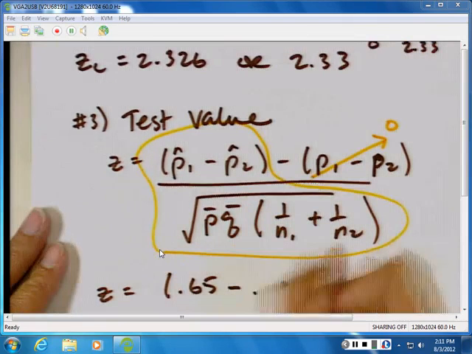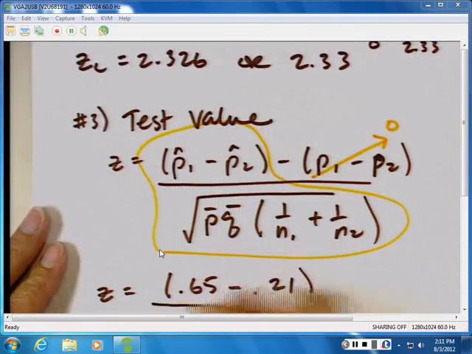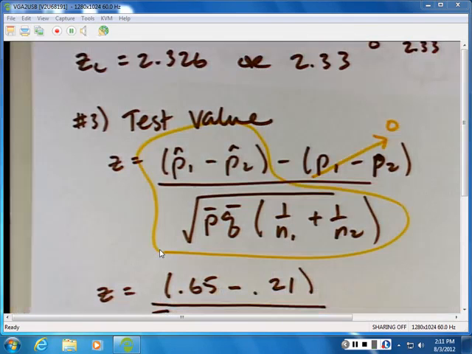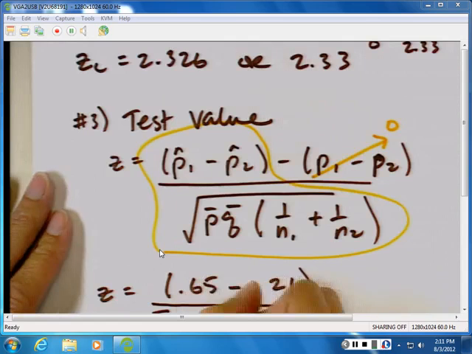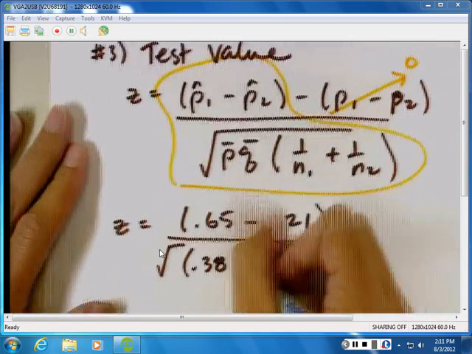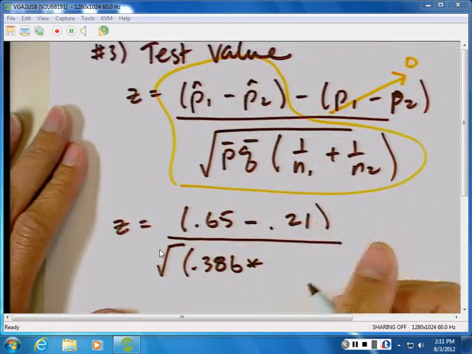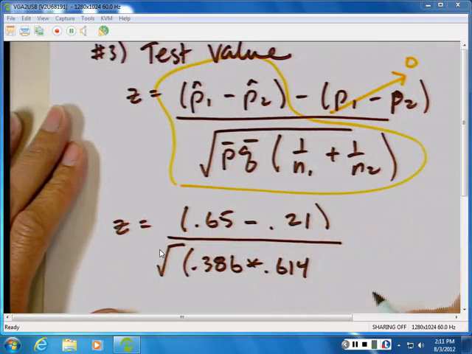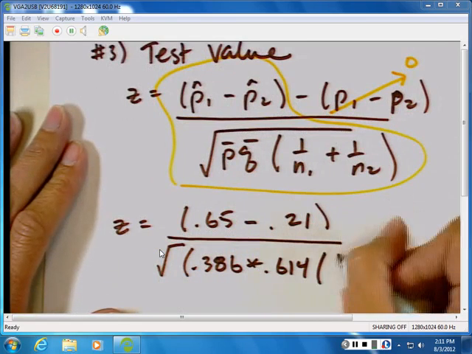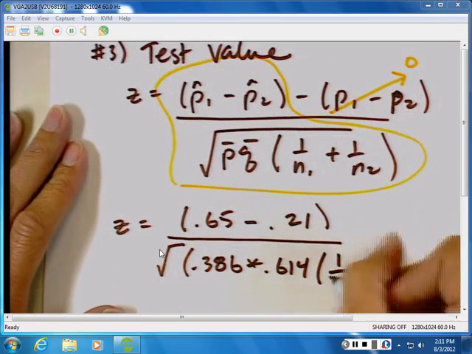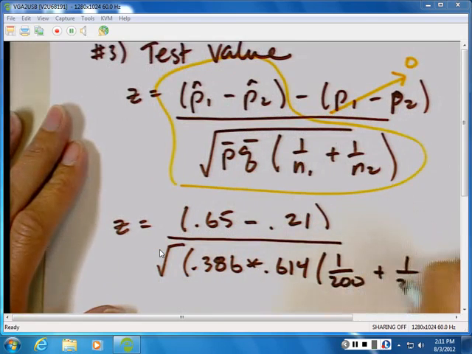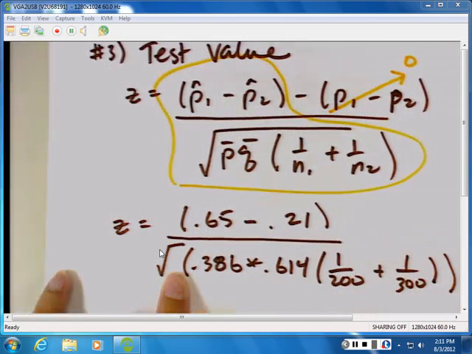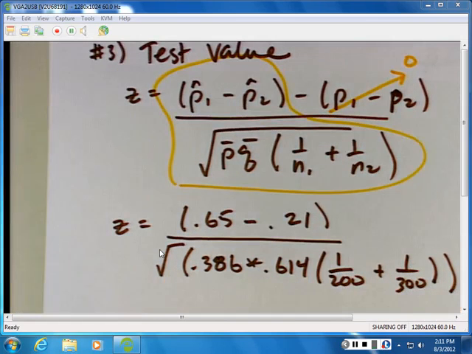P2 hat for the women was 0.21, divided by square root, parentheses, P bar, where's P bar? 0.386, that was the overall proportion, times Q bar, which was 1 minus that, 0.614, times, in parentheses, 1 over 200 in that first sample, plus 1 over 300, close this parenthesis, close that parenthesis. Okay, phew.